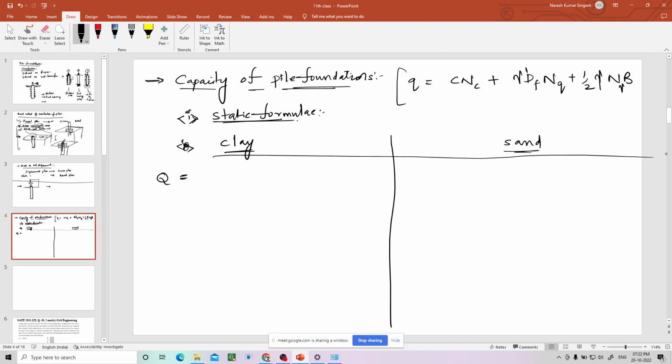So this is the formula for the capacity of the shallow foundation.